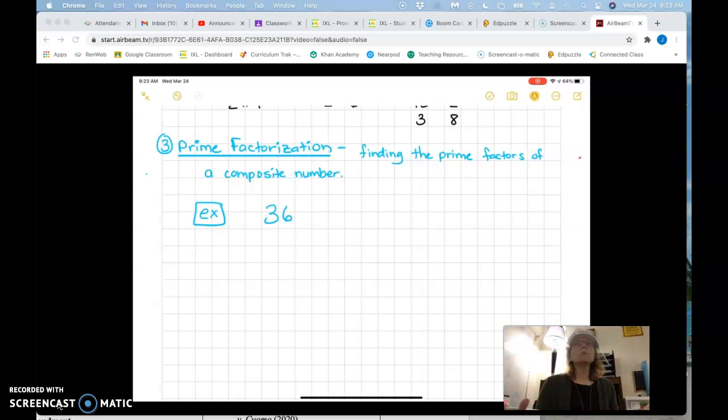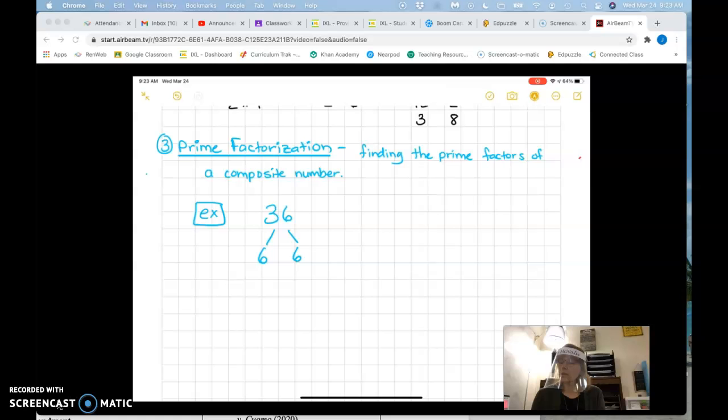Whatever you want to start with, you're still going to get the same answer as me. So I'm going to do 6 times 6, and I'm going to make a factor tree. This is called a factor tree because it has a bunch of branches, and you'll see once we're done. There's another way to factor too. It's called cake, and I can show you that way as well in a minute.